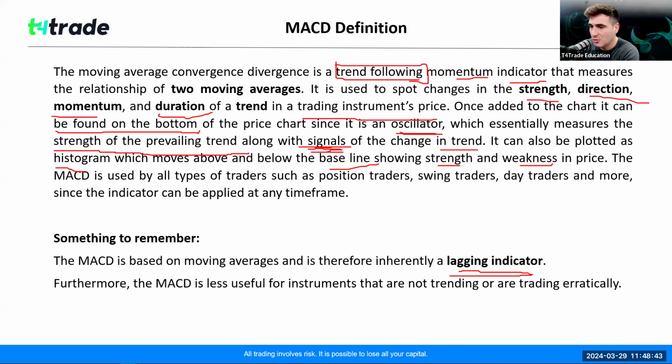MACD is used by all types of traders, whether you are a position trader, swing trader, day trader, and more, since the indicator can be applied at any time frame. But it's primarily used by medium to long-term traders because you have much clearer signals provided by the MACD compared to someone that uses it on a smaller time frame, because MACD is going to be skewed a lot.